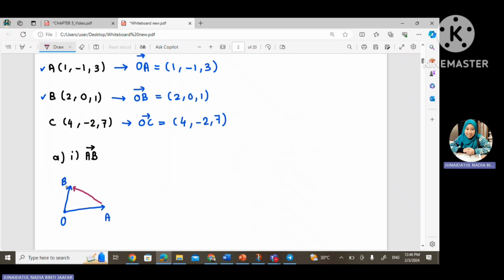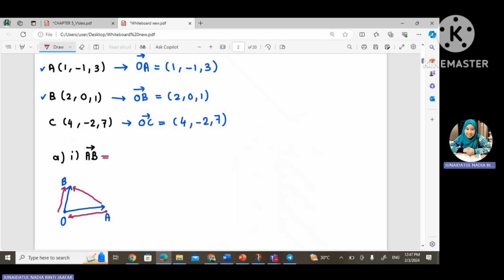So for the resultant vector of AB, we must start from point A, go to the origin, and continue to point B. Okay, so vector AB means it starts from A and ends at B.